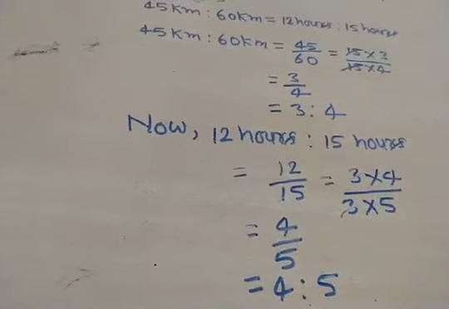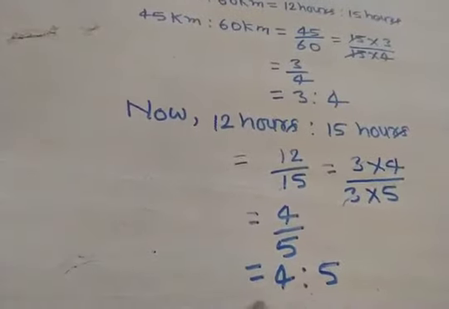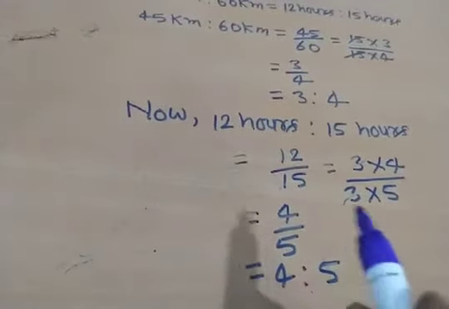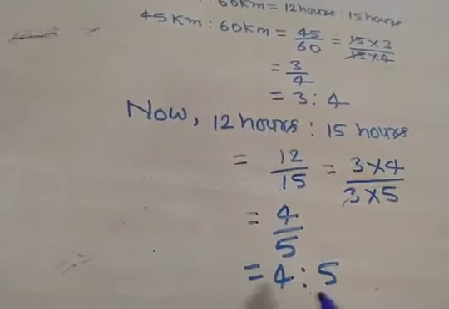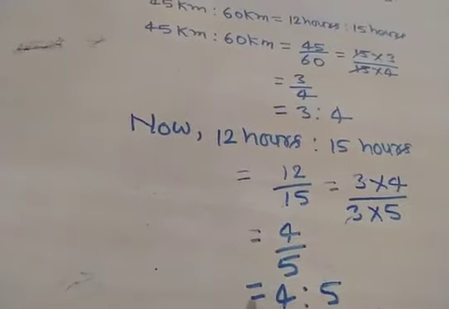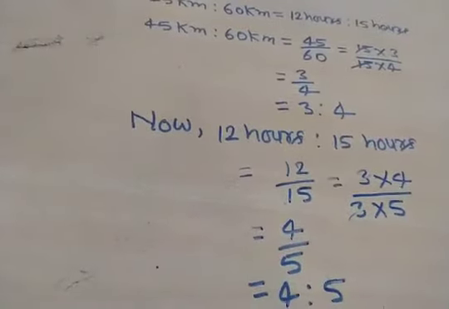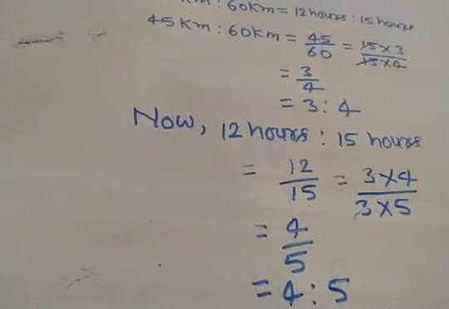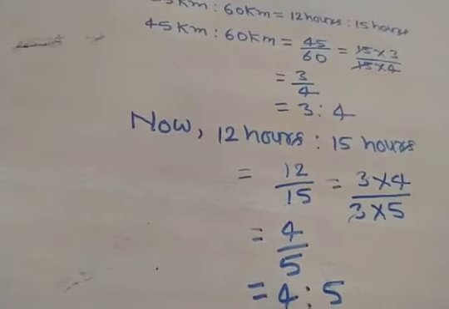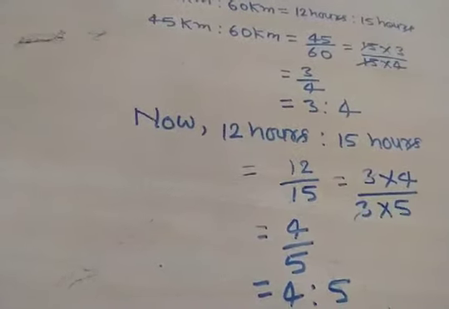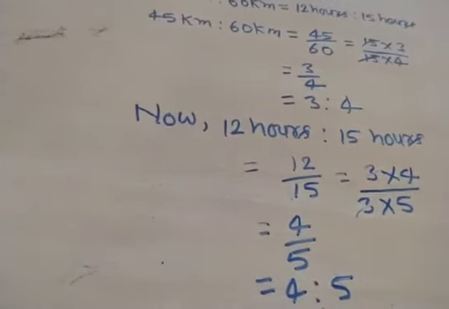So 3 will be cancelled. We obtain 4 by 5, which means 4 ratio 5. So you can see their ratios are not equal. Left hand side is 3 ratio 4, but right hand side is 4 ratio 5. They are not equal. If they are not equal, it means that they do not form a proportion. It means that this is not true. Okay, I hope all have understood it.